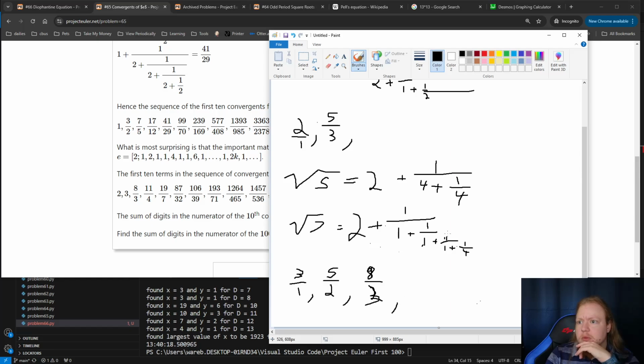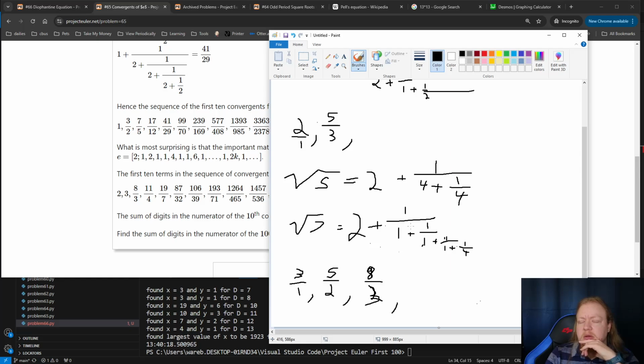See, when we add the 1/4, it becomes 5/4, which becomes 4/5, or when we add the 1, that's going to be 9/5, which is then immediately 5/9. Adding the 1 is 14/9.